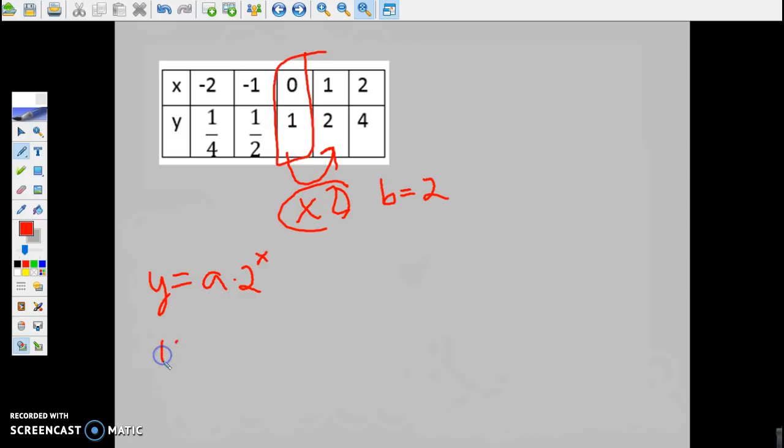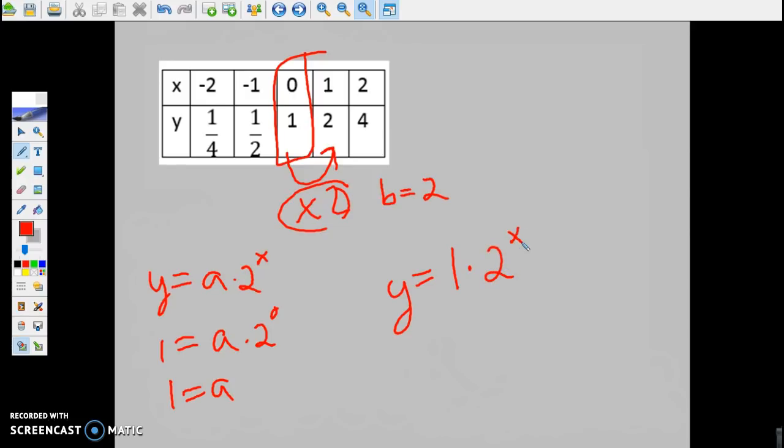So we have 1 equals a times 2 to the 0 power. Well, 2 to the 0 power is 1, so 1 is equal to a. Therefore, my equation, my function is y equals 1 times 2 to the x power.